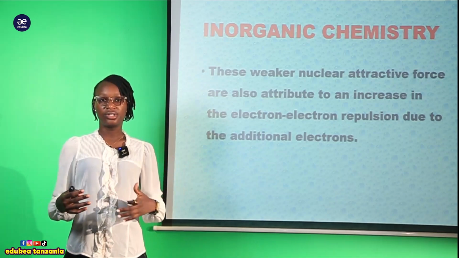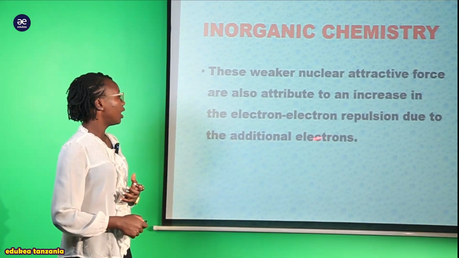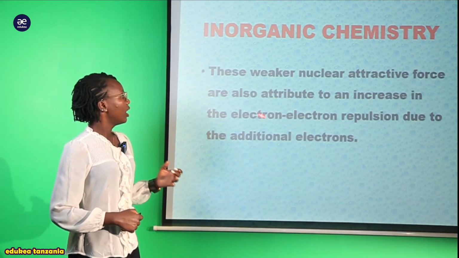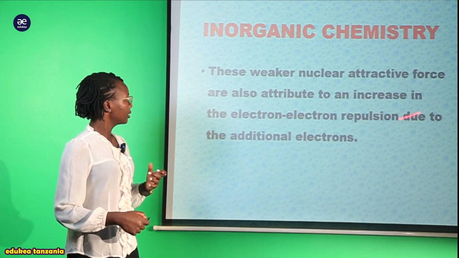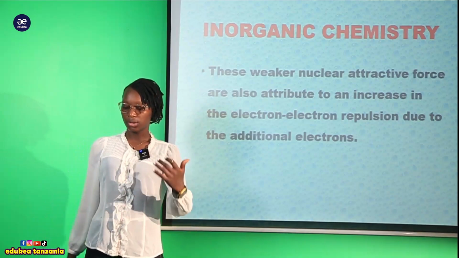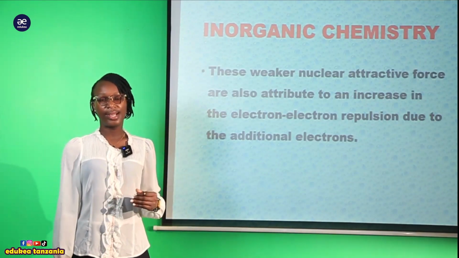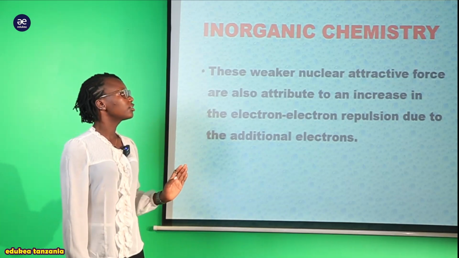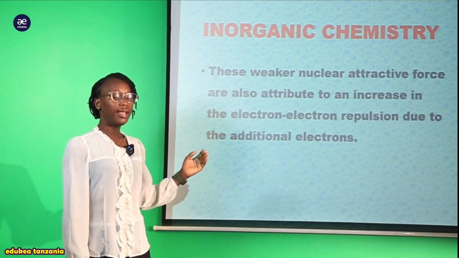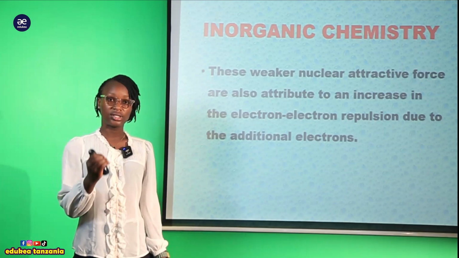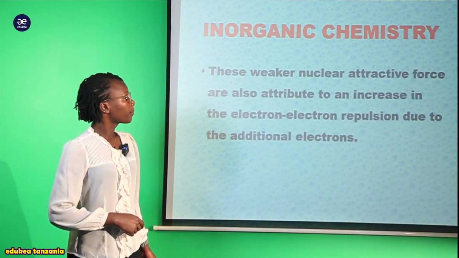Increasing of the electrons, zile additional electrons. That's why anasema kwamba also attributed to an increase in the electron repulsion due to the addition of electrons. Kwamba kutakuwa na zile addition of electrons. Therefore you can say that this electron repulsion will increase. Kumbuka hapa tunaongelea kuhusiana concept of an ion.